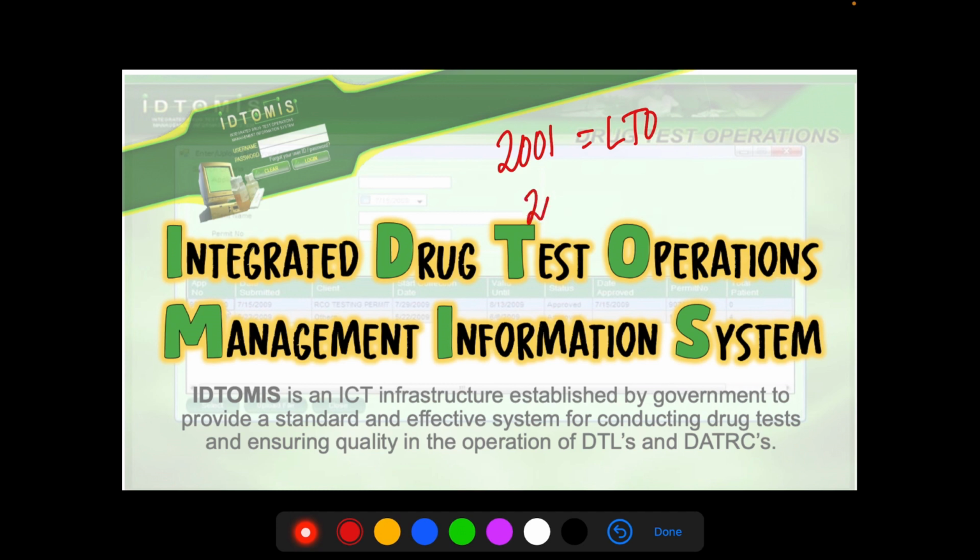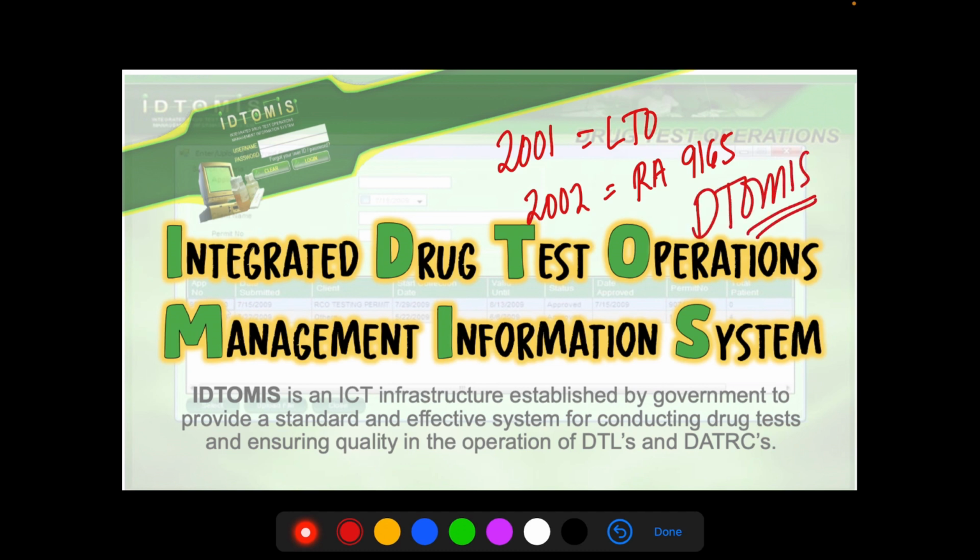And also in 2002, RA 9165 or the Comprehensive Dangerous Drugs Act of 2002 impelled the DOH to protect the health of the public, particularly through the regulation of drug testing centers' operation. The same issuance specifically prescribes mandatory drug test for applicants of driver's license. And because of this, the DOH developed the DTOMIS. It was just DTOMIS during that time.